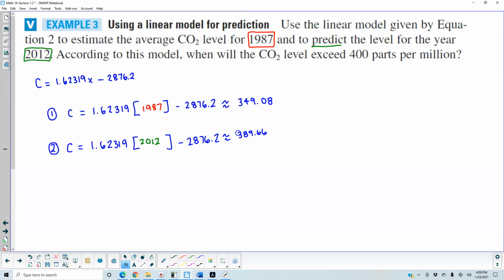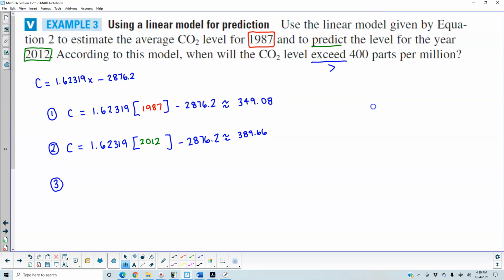Now for part 3, it says that according to this model, when will the CO2 level exceed 400 parts per million? So exceed is the key word here, which is greater than.